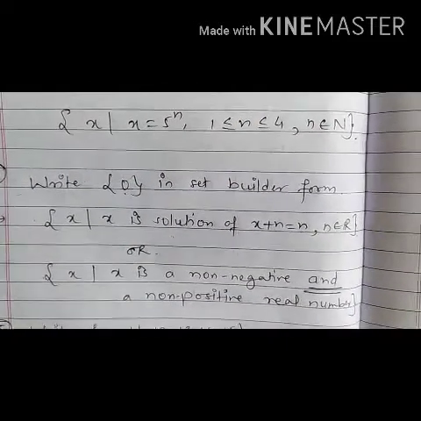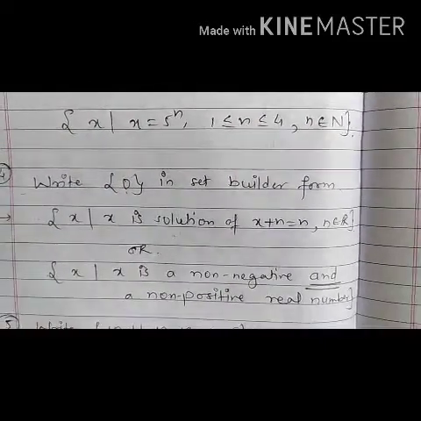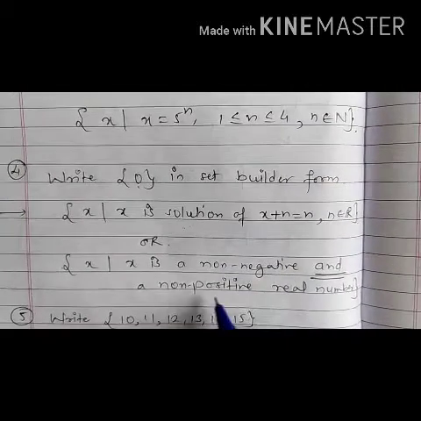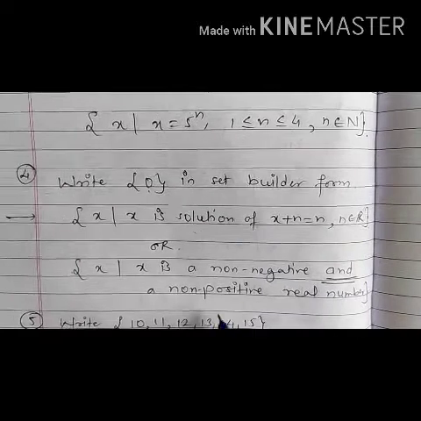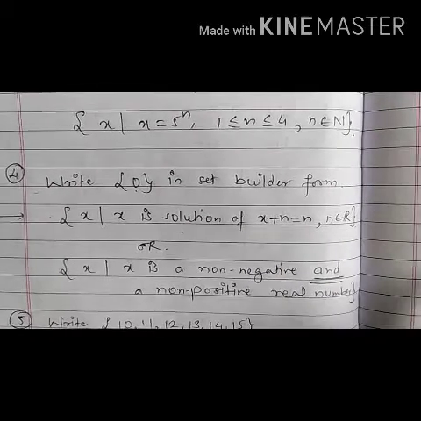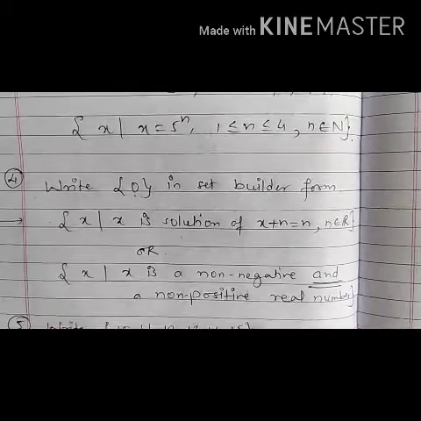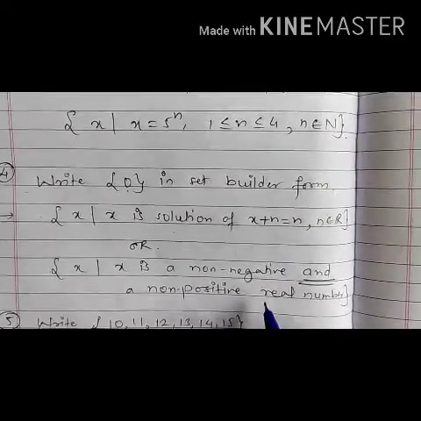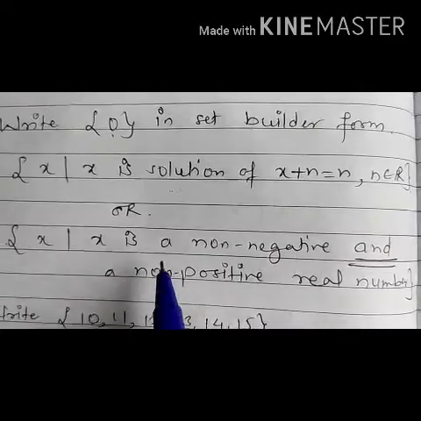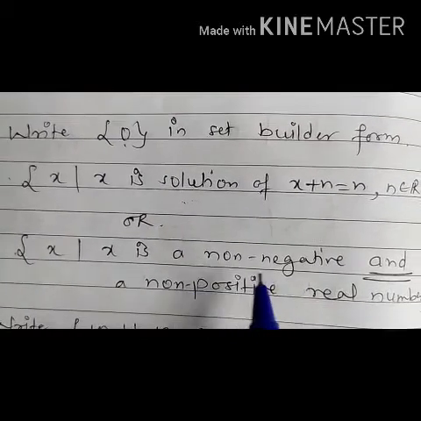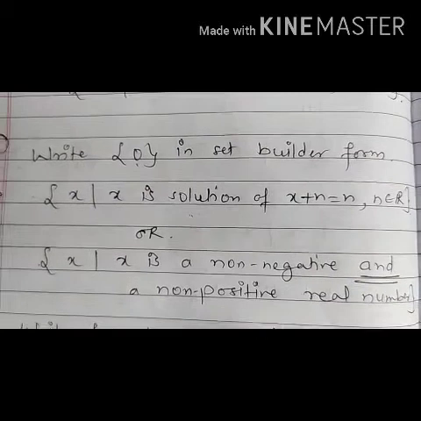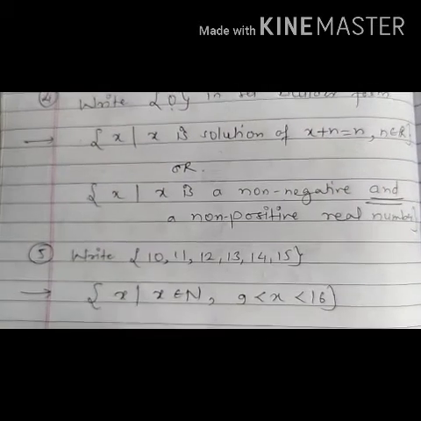It means all positive real numbers, and non-positive real numbers means minus infinity to 0. So 0 is there in both non-positive and non-negative. So 0 is the only real number which is non-negative and non-positive. Understood?